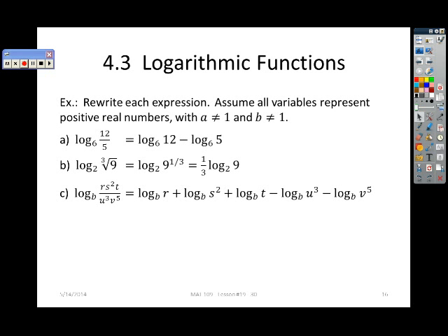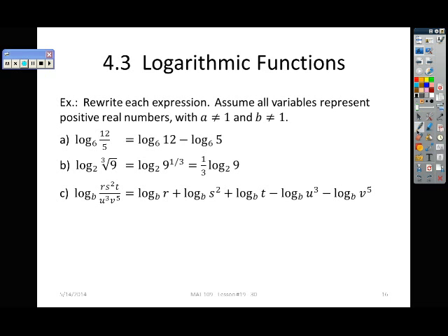So this one, the way it's being done is, let me illustrate it this way. Think of this as being the logarithm of base b of r s squared t minus the logarithm in base b of u cubed v to the 5th.